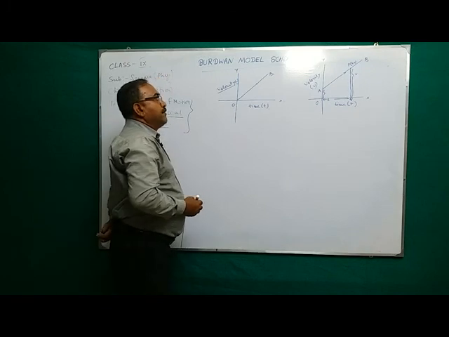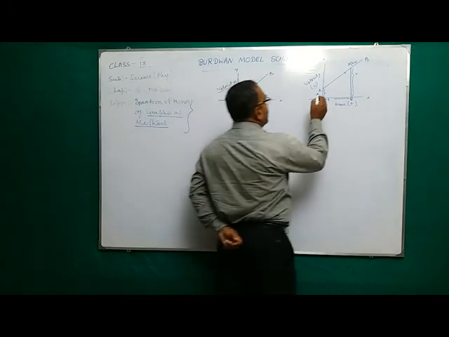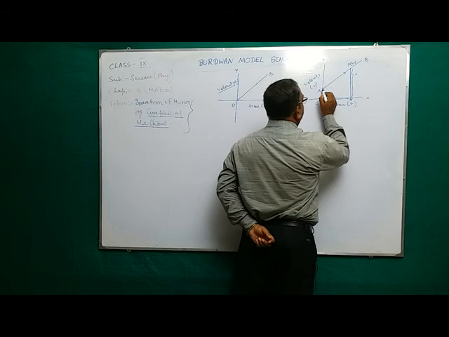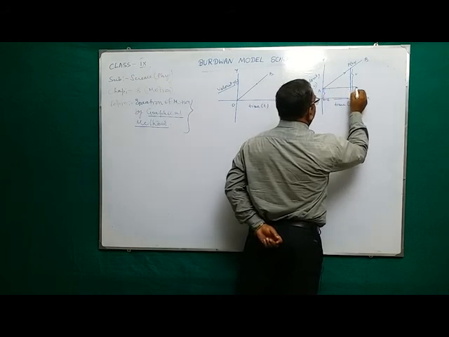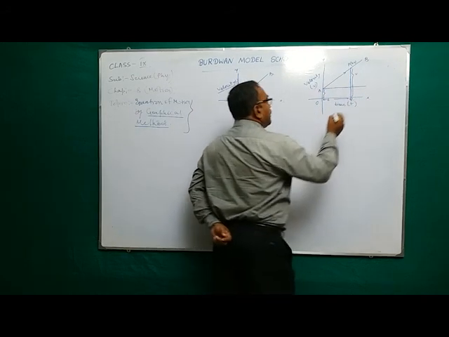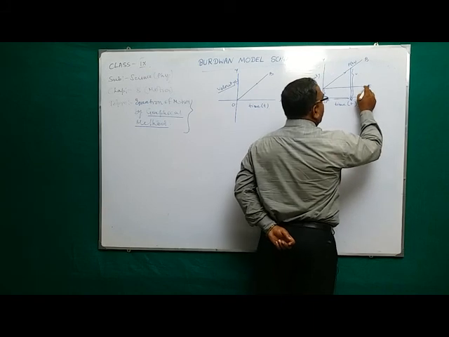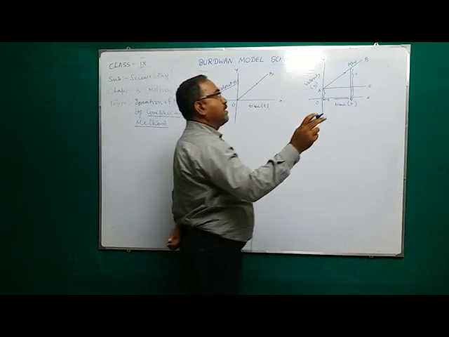Next, you draw a line parallel to the x-axis, passing through the point A. This line represents the uniform velocity, that means acceleration 0.